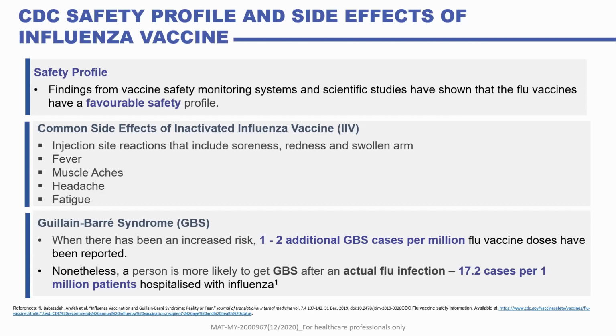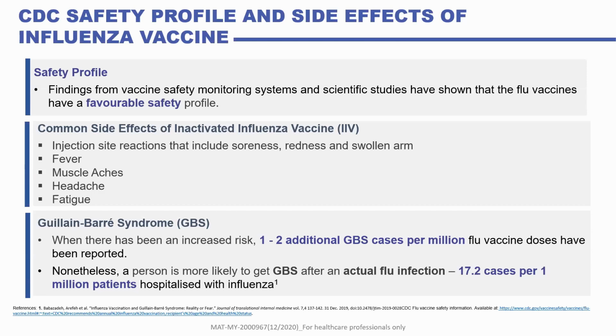I think sometimes in the media, Guillain-Barré syndrome has been highlighted, but while we can't deny that in rare occasions it could actually cause this, the number of cases is extremely low.